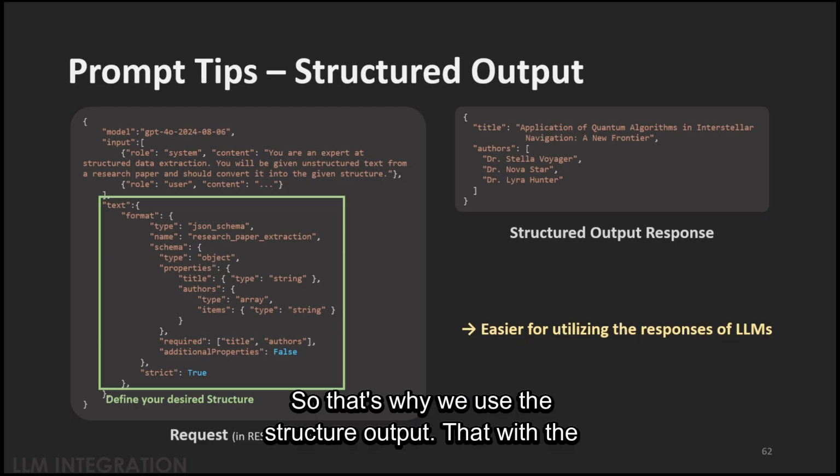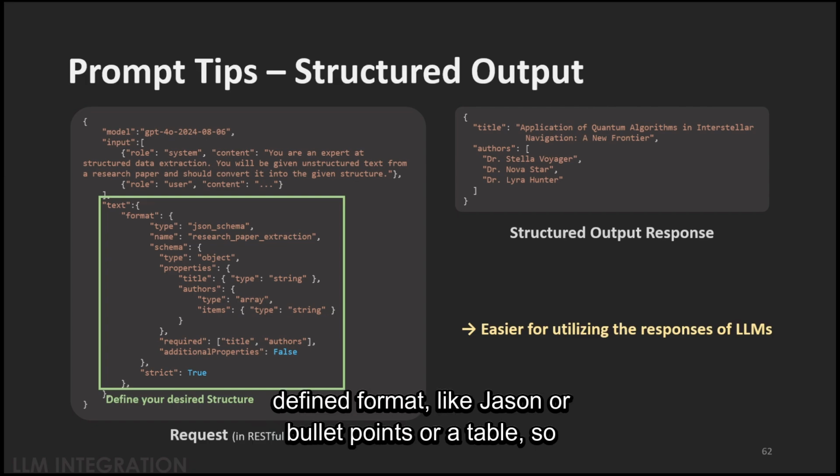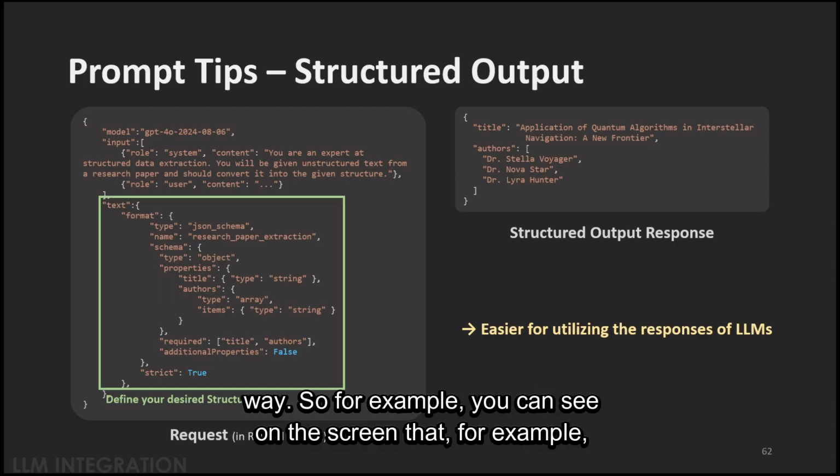So that's why we use structured output. With structured output, you can instruct the LLM to respond using a defined format like JSON or bullet points or a table, so it only returns exactly the data you need in a structured way.